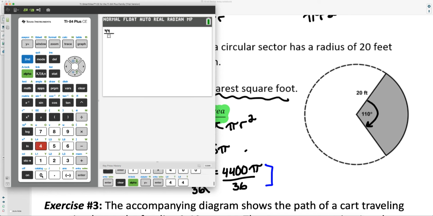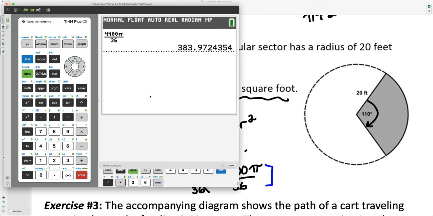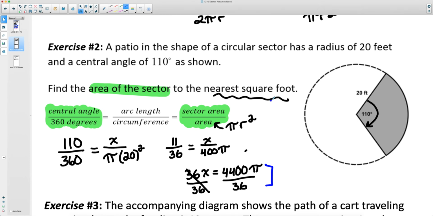So 4400 pi over 36. Rounded to the nearest square foot, that's going to be 384. So our final answer is 384 square feet, or feet squared.